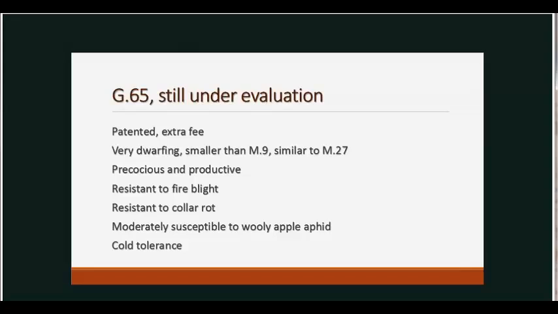Moderately susceptible to woolly apple aphid, though, and it does have very good cold tolerance. And that's one of the things that you'll see with a lot of the Geneva rootstocks is that they were bred for improved cold tolerance and a lot of other issues as well. Still no magic bullet, but some of them may have some improvement over some of the Malling rootstocks.